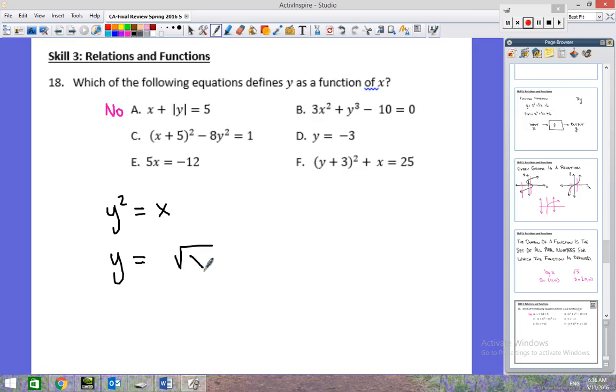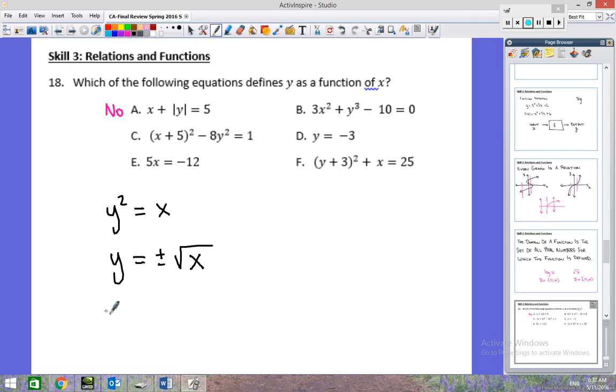This symbol is the principal square root, but to satisfy the equation, positive or negative would work, so you have to put a plus or minus symbol. So whenever you see a plus or minus symbol, your output is not unique. You're saying there's a possibility that for an input, for an x value, there are two y values.